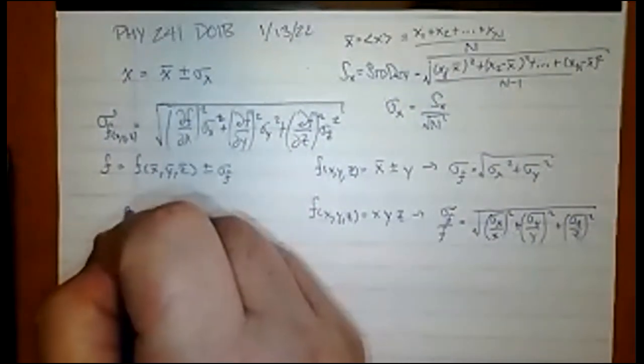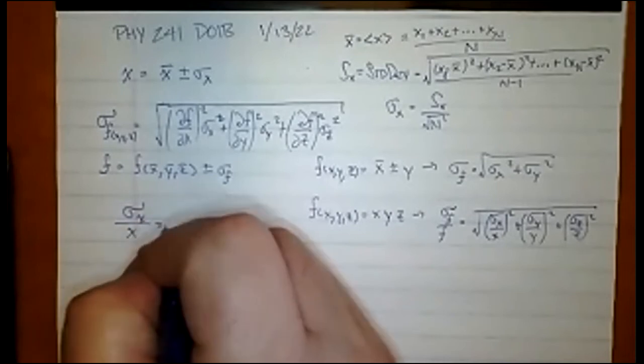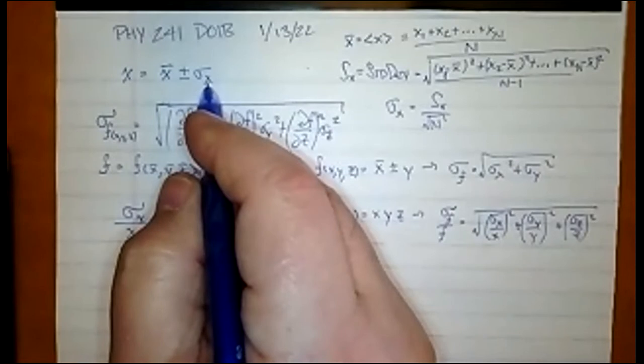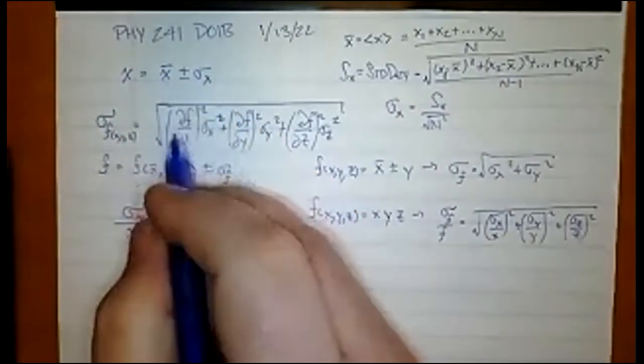And the formula that we're using here is the fractional uncertainty of x is just the uncertainty in x. So that'd be that little number right there divided by that number right there.